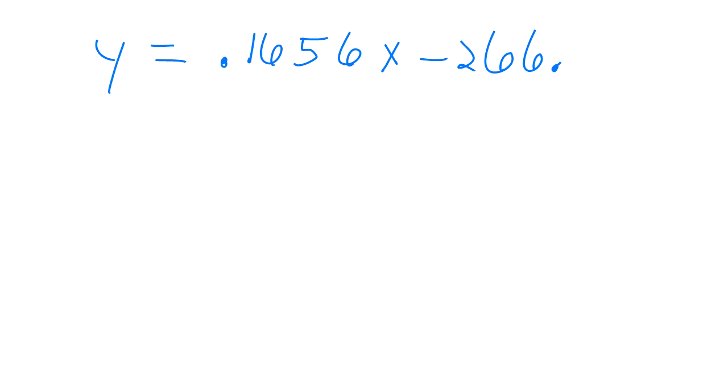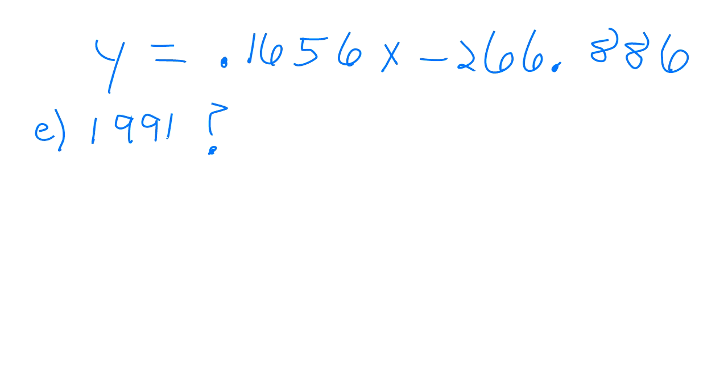Okay, so let me go. Let's use the whiteboard. We know y is 0.1656x minus 266.886. Okay, so part E, and again, this is still example 2, is what is the percent in 1991?